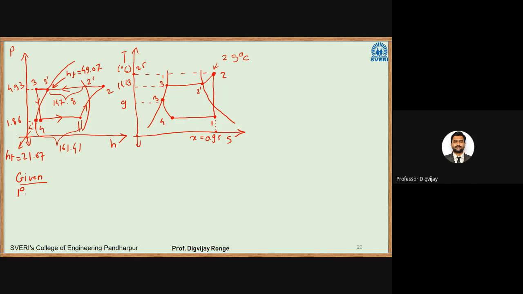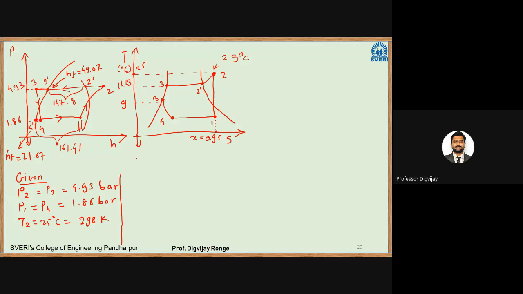So what is given in this case? They have given the pressure at point 3 equal to 4.93 bar. Then we have P1 equal to P4, which is equal to 1.86 bar. Then T2, the temperature of superheated vapor, is 25 degrees Celsius. If I convert into Kelvin, plus 273, that will be 298 Kelvin.